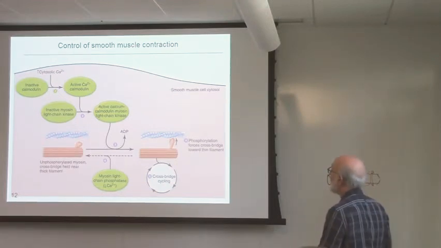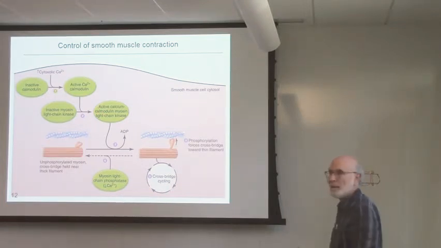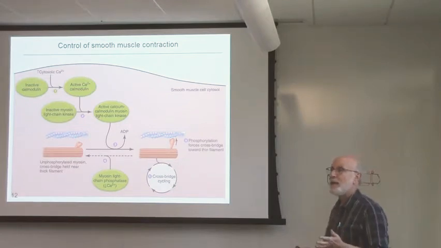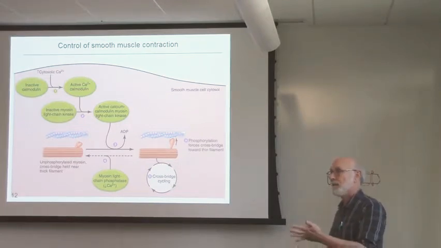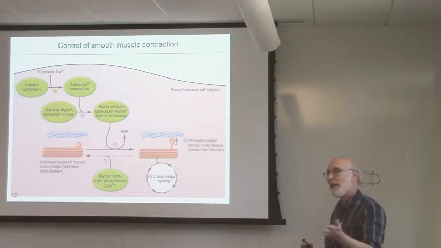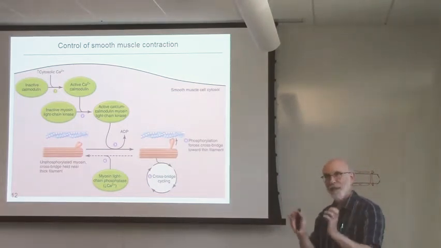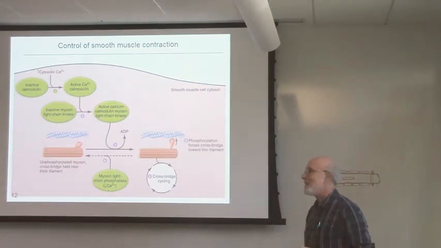Calmodulin activates a kinase. The kinase phosphorylates myosin. The name of the kinase is myosin kinase. Well, it's actually myosin light chain kinase, but you can put the light chain in parentheses.